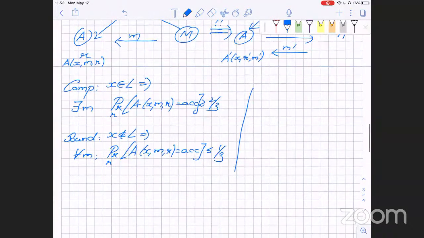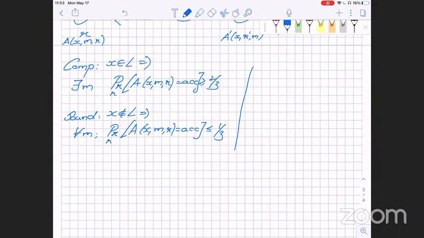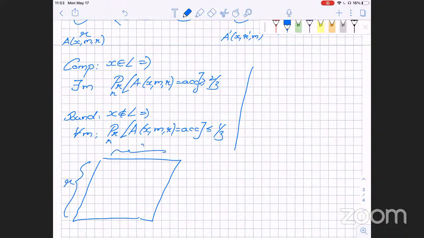This is the picture which we had. If you draw this picture in which you have the random coins and the messages, what are we claiming? There is one message M such that most random coins accept. Now, what do I want to show? I want to show that for every random coin, there exists a message. Certainly that is true. That's the completeness. But let's look at the soundness case.